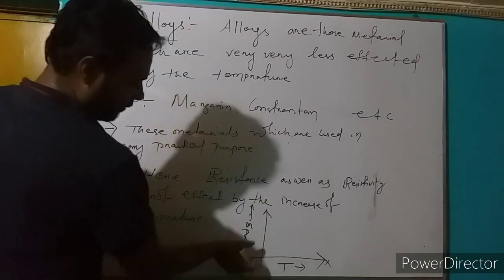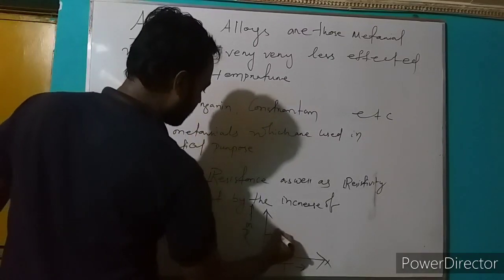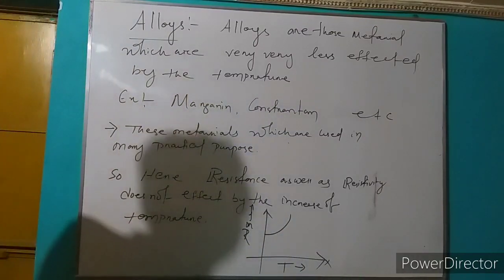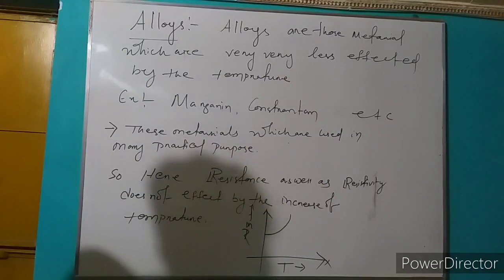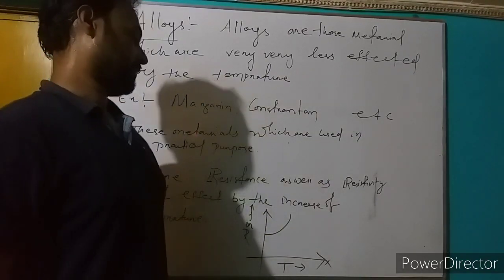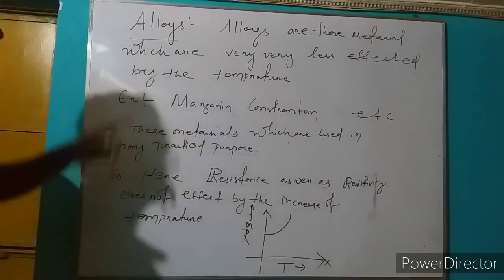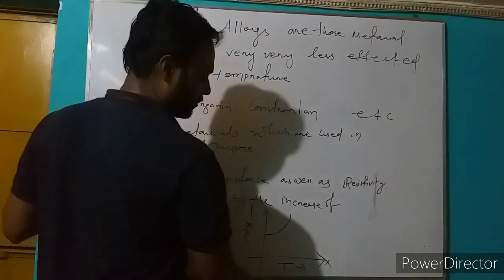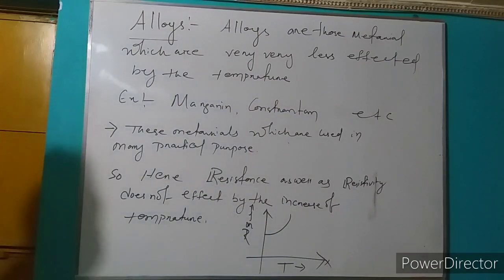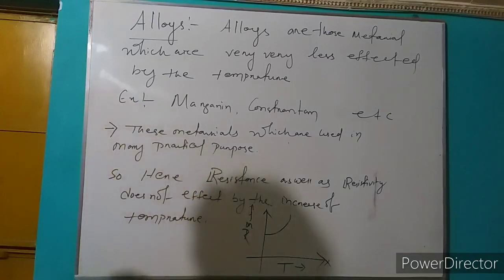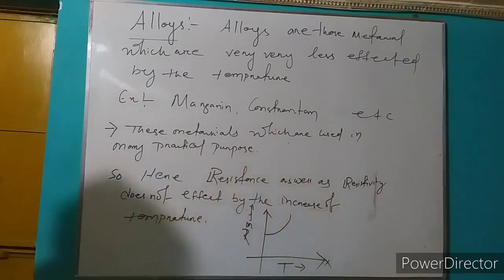This is the graph of resistance as well as resistivity versus temperature in case of alloy. Please note it. Clear? Okay.